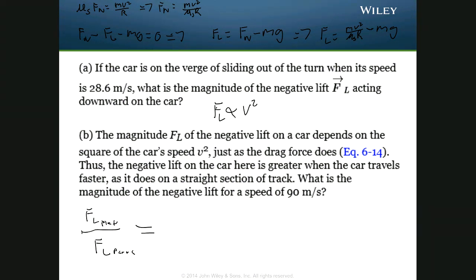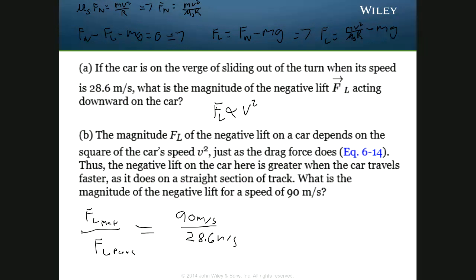We can actually set that equal to the ratio of the speeds, right? So FL flat is going to be 90 meters per second over 28.6 meters per second.